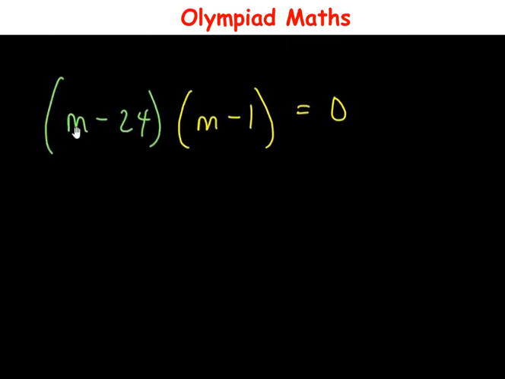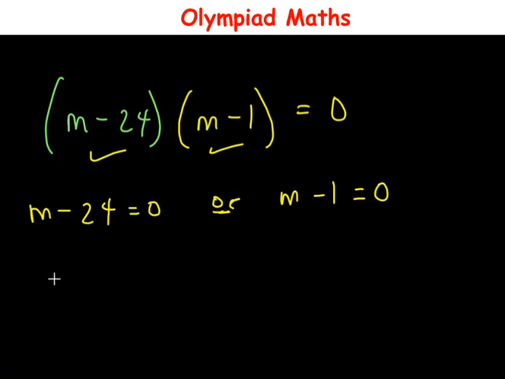Then at this junction, we can equate this to 0 or equate this to 0. So m minus 24 equals 0, or m minus 1 is equal to 0. From here, the value of m is equal to plus 24, or from here, the value of m is equal to 1. Now we have gotten the value of m.